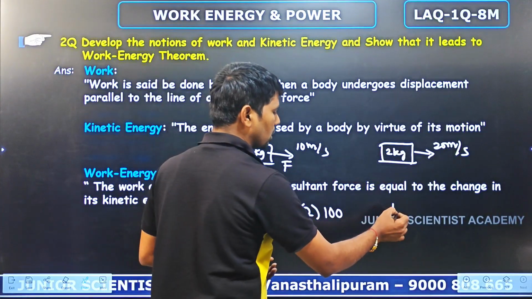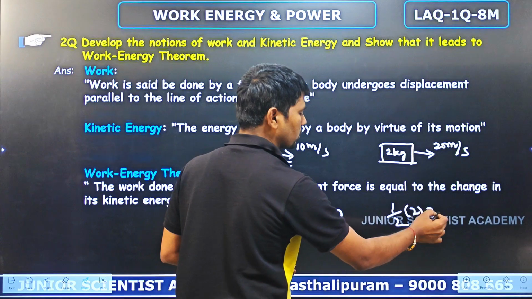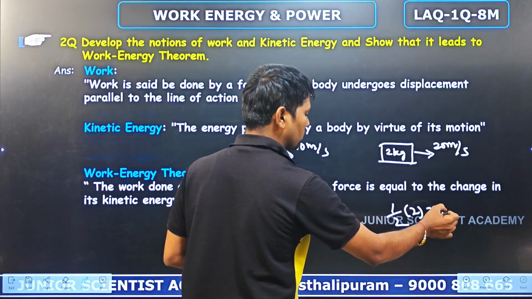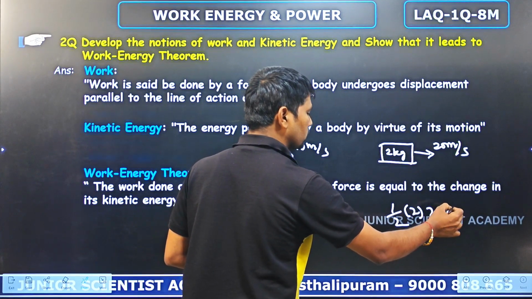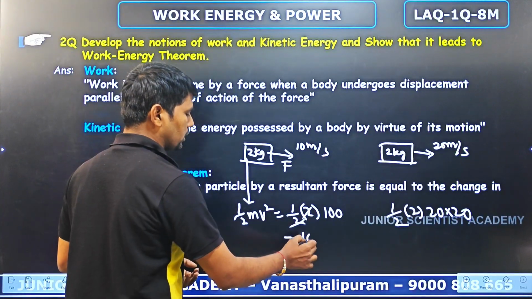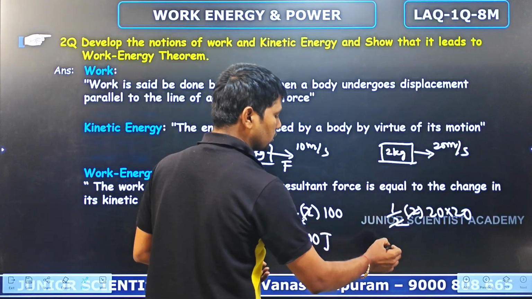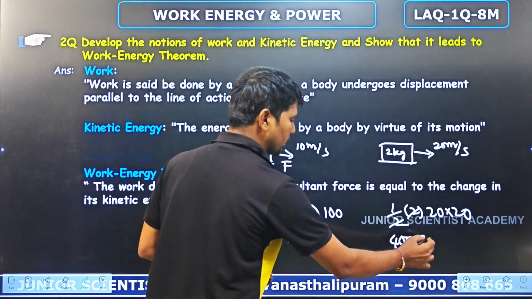Here also half mv square, mass 2 kg, velocity 20 square, 20 into 20 is 400. The 2 cancels. Here there is 100 joules of kinetic energy. Here 20 square, 400 joules of kinetic energy.